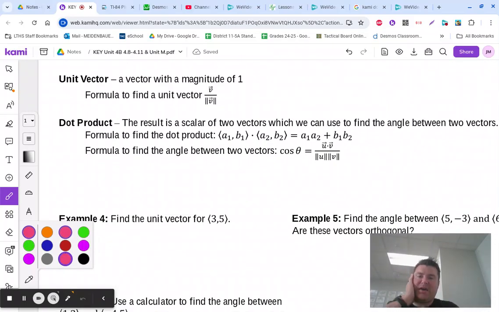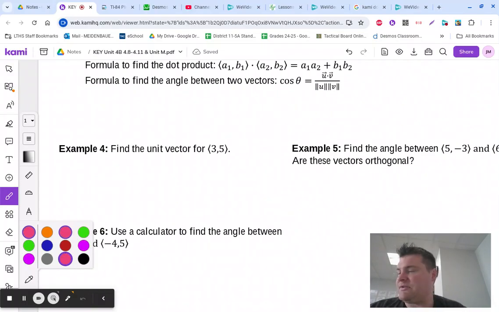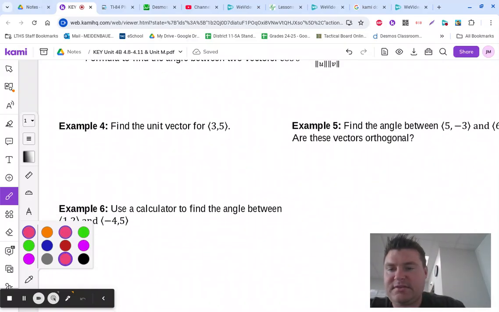A unit vector is when I have a vector that I want to keep the same direction and make its length just 1. Okay, so what we do with that is we find the magnitude and divide by the magnitude. So in this example 4 here, you'll see the vector, we want to make this unit vector u.